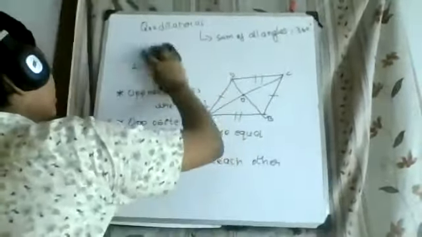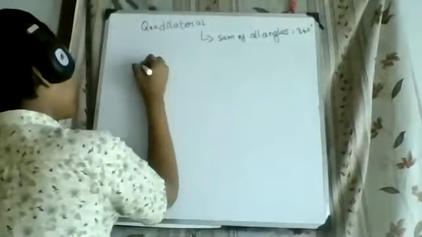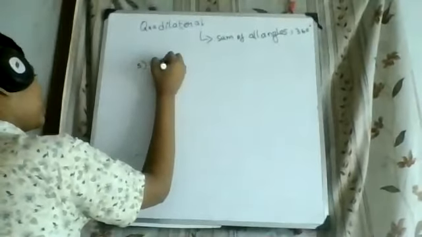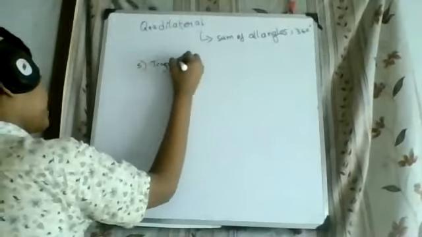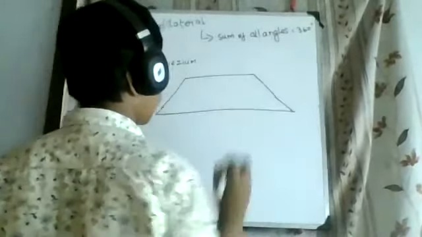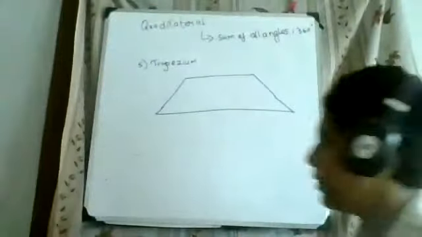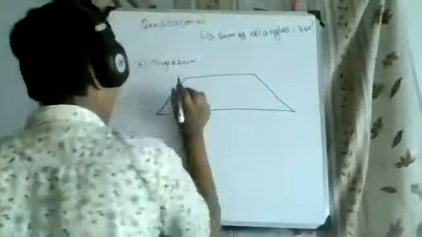Next, the last and final one we are going to discuss is the trapezium. I will just tell the properties of a trapezium. In a trapezium, opposite sides are parallel.